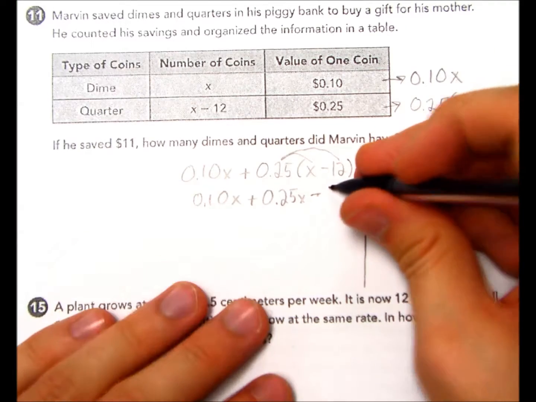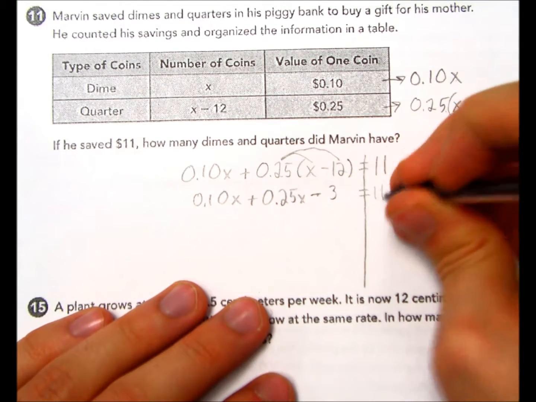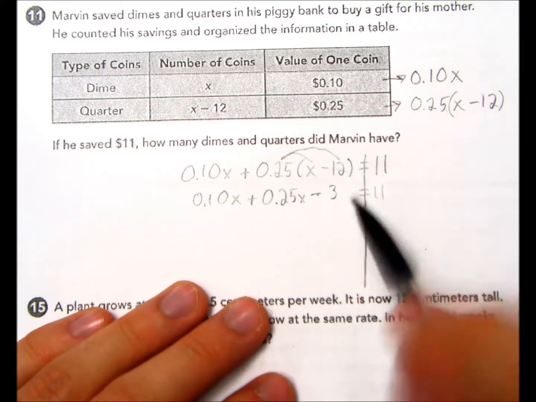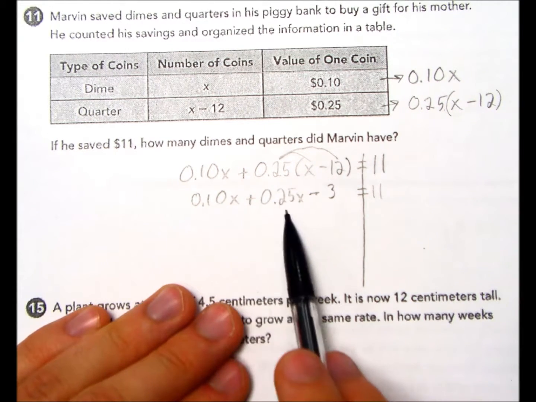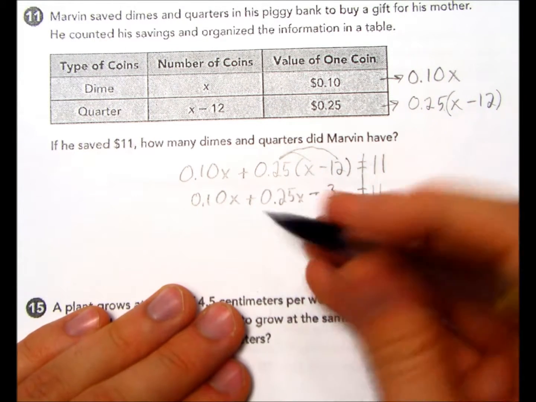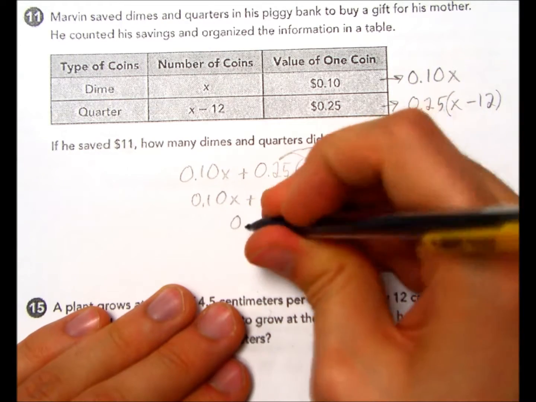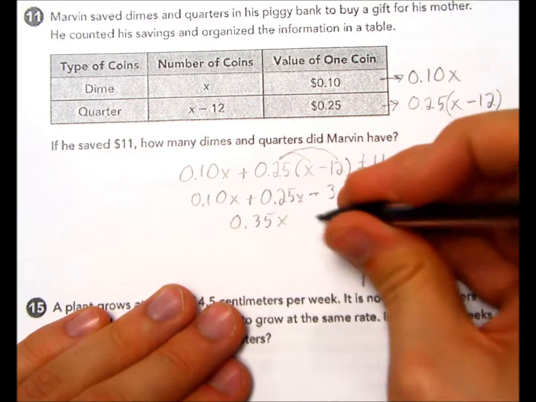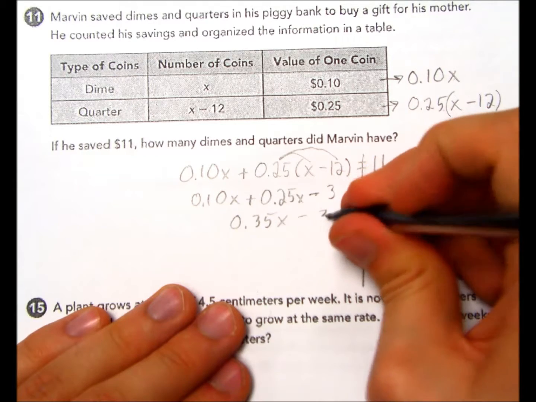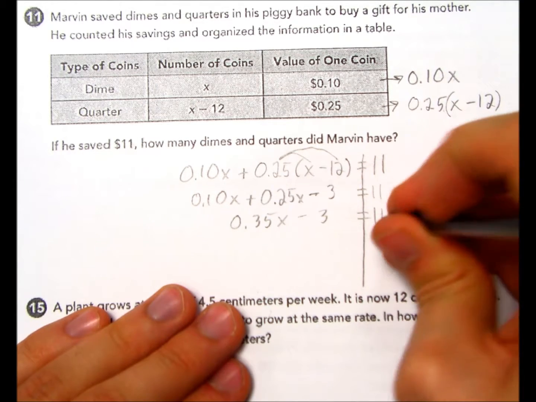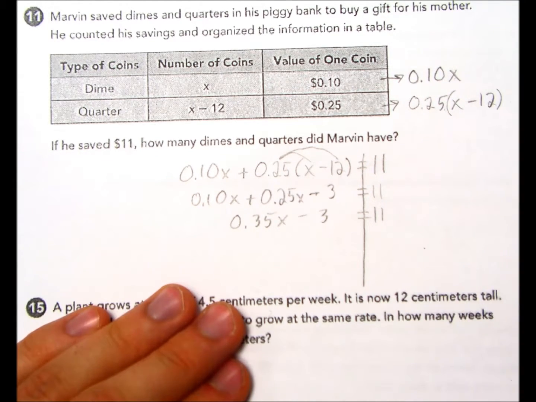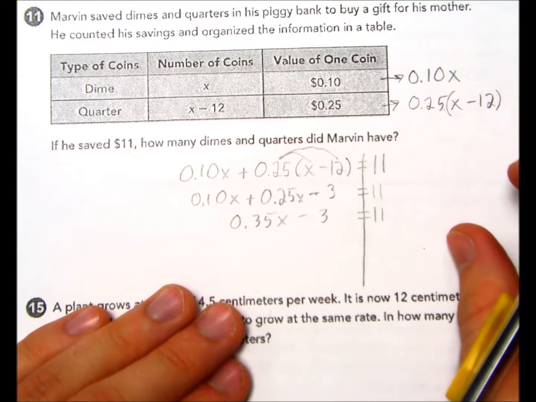So we have minus 3. Now there's more simplifying we can do here, because we notice we have two like terms, two terms with x's on them. So we add those together. You end up with 0.35x minus 3, still equal to 11. Now that looks about as simple as I can make it.